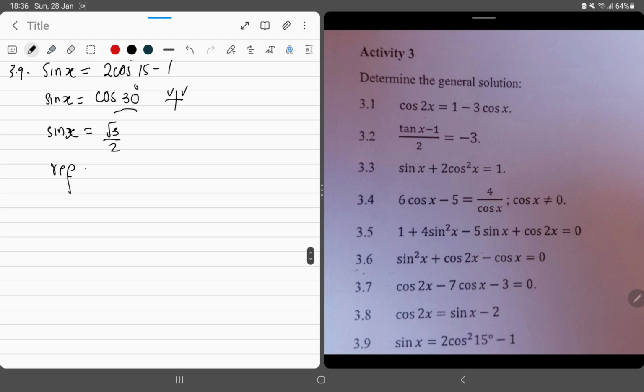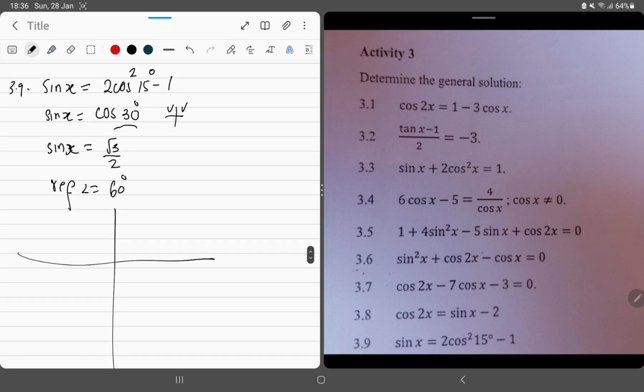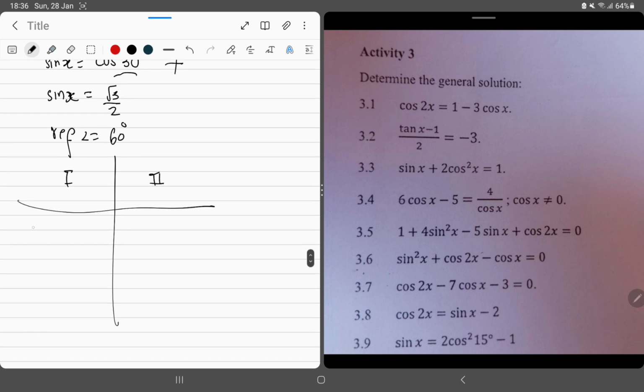And then the reference angle is equal to arc sine root 3 over 2. So this is 60 degrees. And I'm working in quadrant 1 and quadrant 2. X is equal to, in quadrant 1, 60 degrees plus k 360.